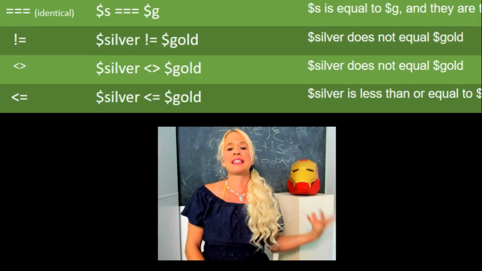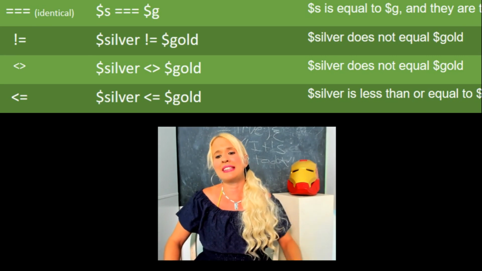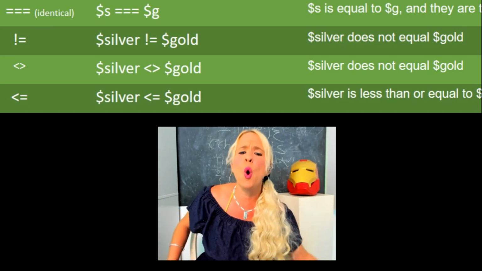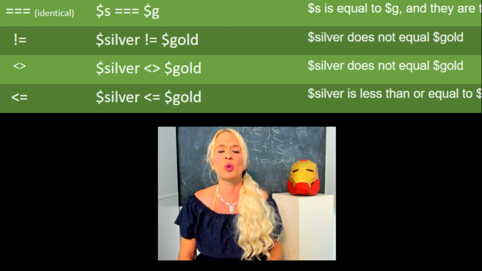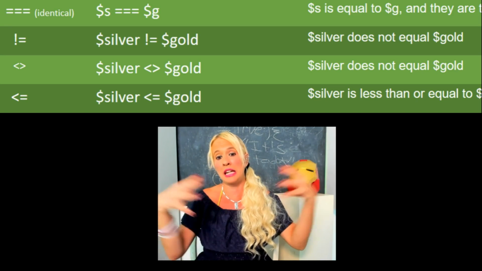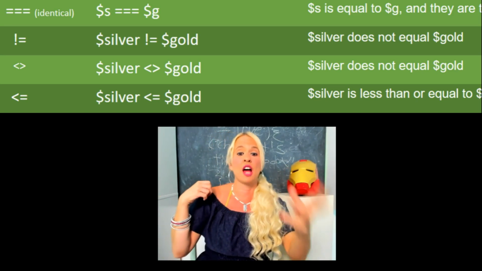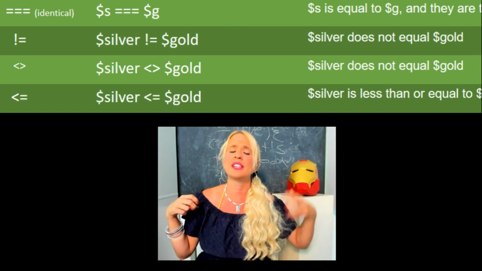Next we have less than or equal to. $silver is less than or equal to $gold. So if $silver is equal to 3 and $gold is equal to 3, that's true because it's equal. If $silver is 3 and $gold is 5, it's still true.